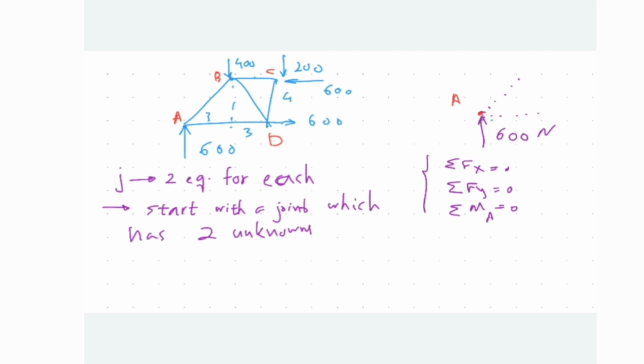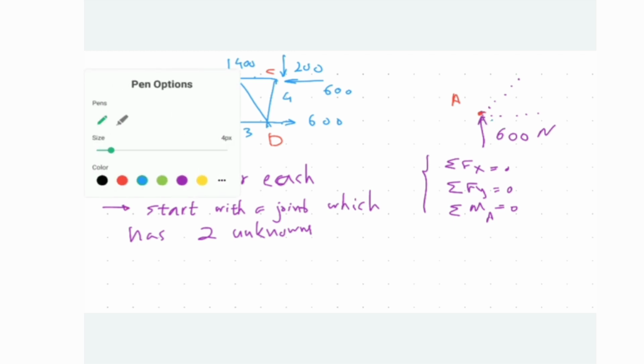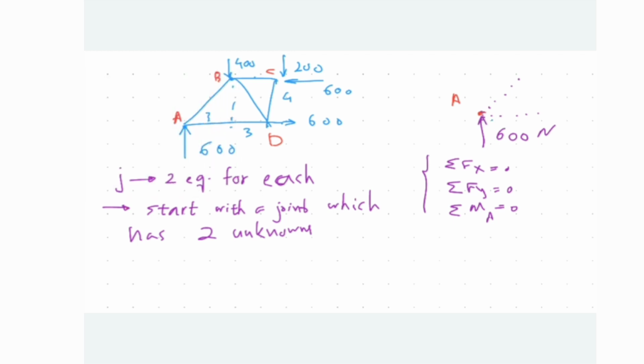But there is a good idea how to find them even when we don't have the values. Okay, I would say that if you consider this joint, this force is going to push this upward. This guy is not preventing that.